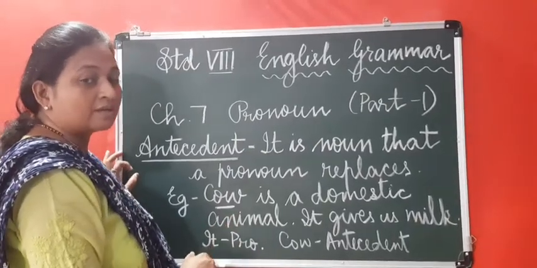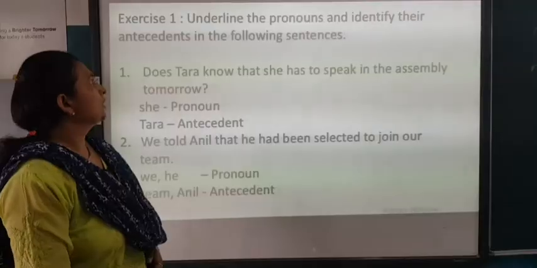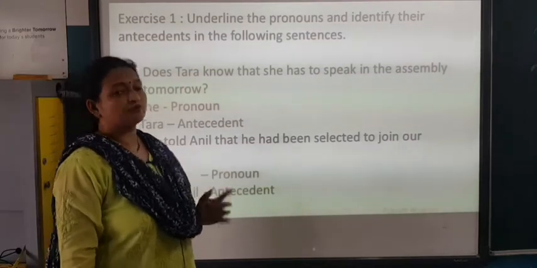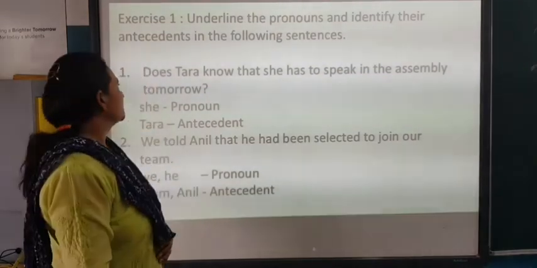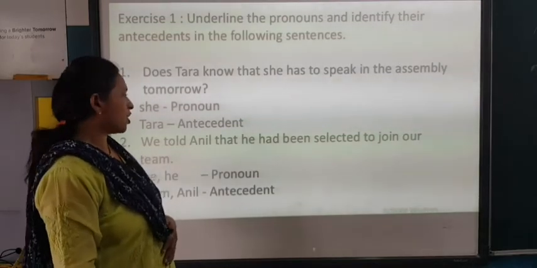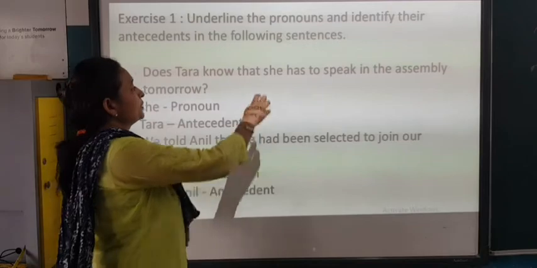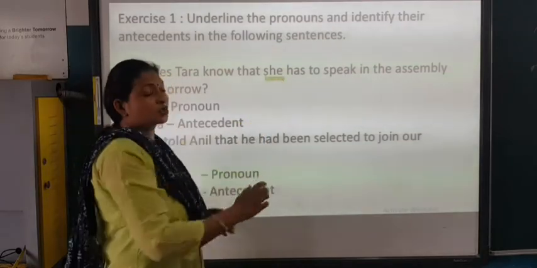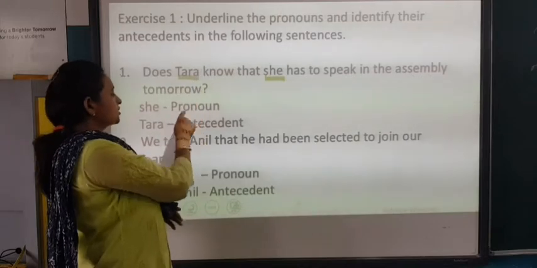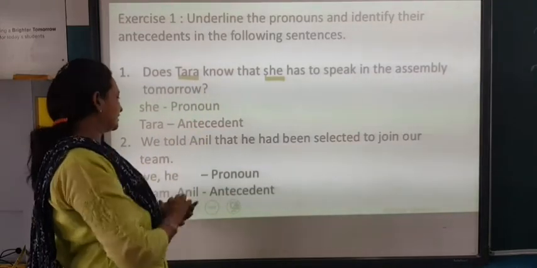Now we will be doing the exercise. Underline the pronouns and identify their antecedents in the following sentences. Does Tara know that she has to speak in the assembly tomorrow? Now you all know the pronoun is she, and whom is she representing? Tara. So she is the pronoun and Tara is the antecedent.